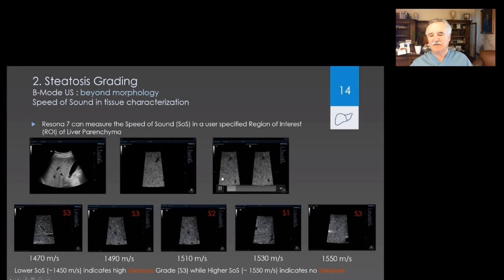We make a double measurement in different segments of the liver, and automatically the machine shows the number in meters per second. Those are low numbers indicating S3 steatosis, S2 steatosis. You see, as the numbers are going up, the numbers, sorry, here is S0.